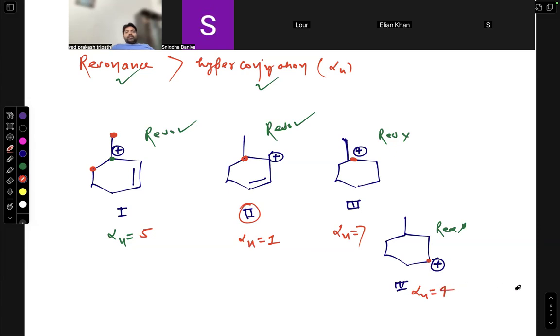So the one with resonance and higher alpha H is compound 1. Resonance, definitely it has lower alpha H, but we have resonance and resonance is higher than hyperconjugation. So second, now between third and fourth, only hyperconjugation. So third and then fourth. Make sense?